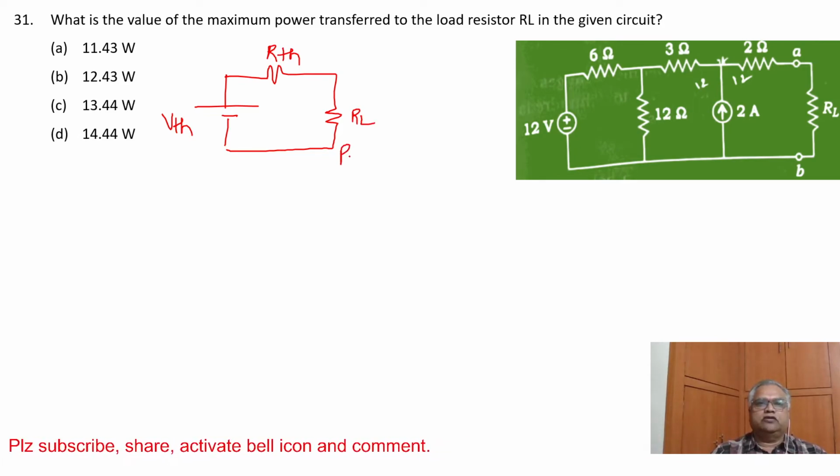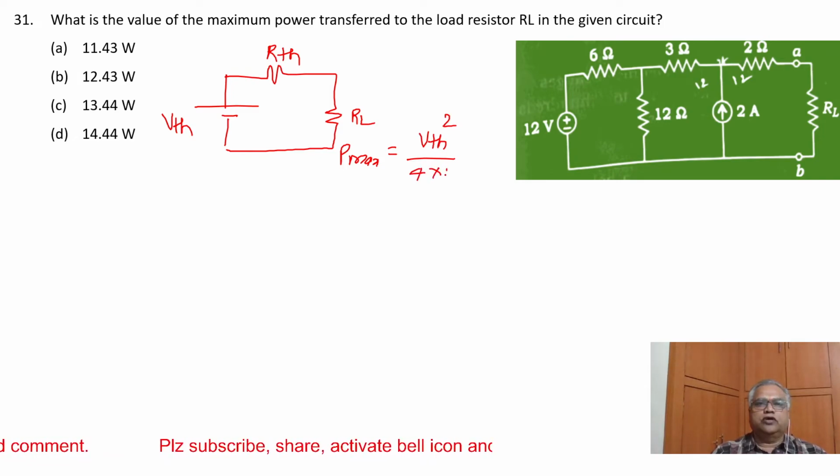What is asked is P maximum. What is the formula? V Thevenin square by 4 into RL. But to get the maximum power, RL is equal to R Thevenin. So we have to find R Thevenin and V Thevenin first.